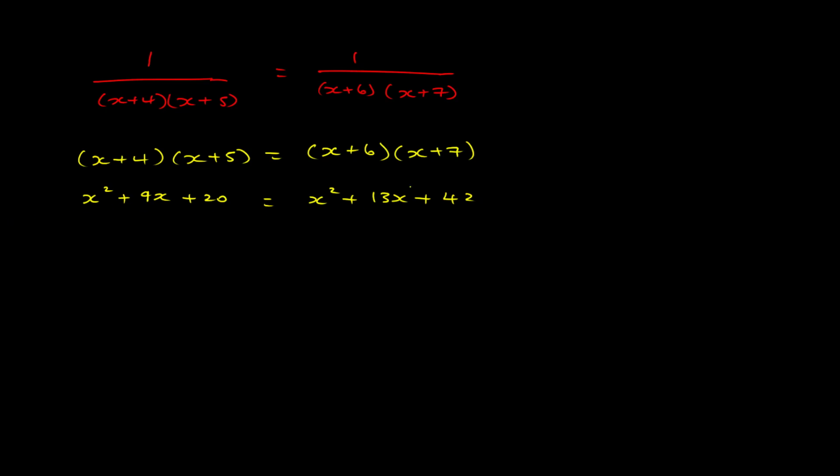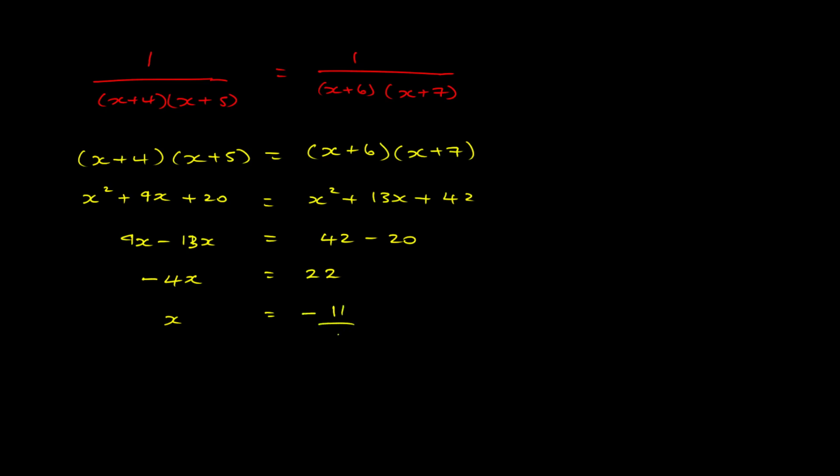So we would actually have 9x minus 13x being equal to 42 minus 20. So negative 4x is equal to 22. So here we have x being equal to 22 over negative 4. That is simply negative 11 over 2.